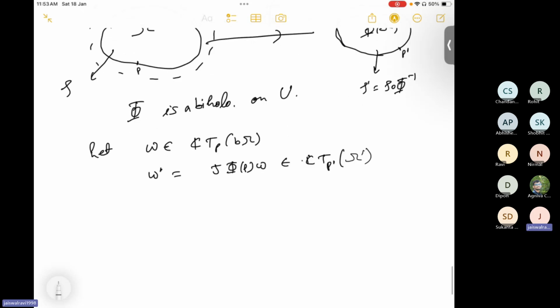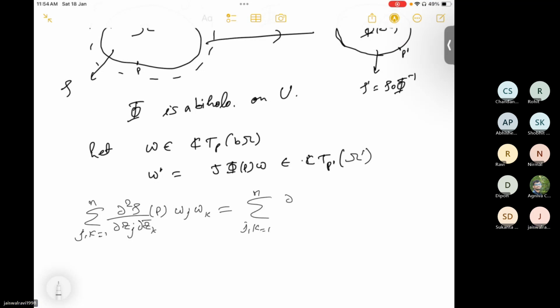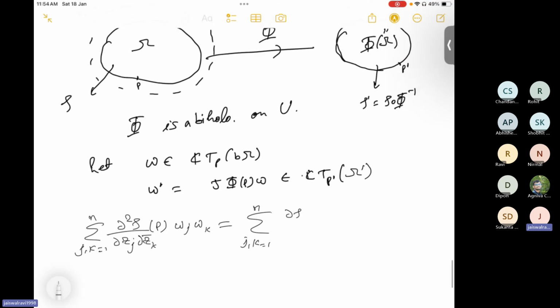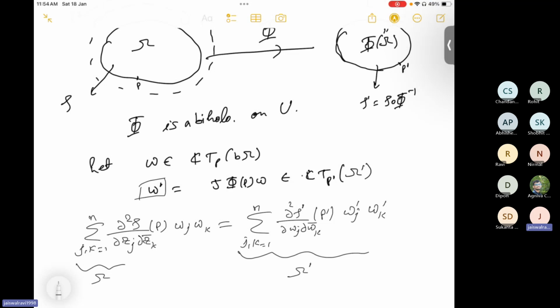What I'm saying is that the sum over j,k from 1 to n of the second derivative of rho with respect to zj and zk bar at P, times wj wk, is exactly the same as the Levi form on omega prime, the sum over j,k of the second derivative of rho prime with respect to wj and wk bar at P prime, times wj prime wk prime, where wj prime and wk prime are the components of W prime.